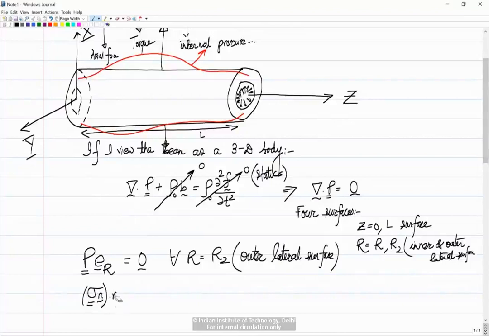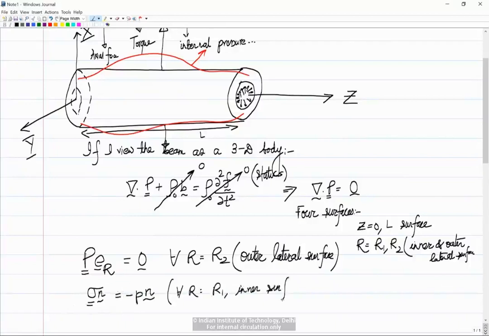Well, actually it's always in the direction of normal, so this is equal to minus p into n, for big R equal to big R1, the inner surface.